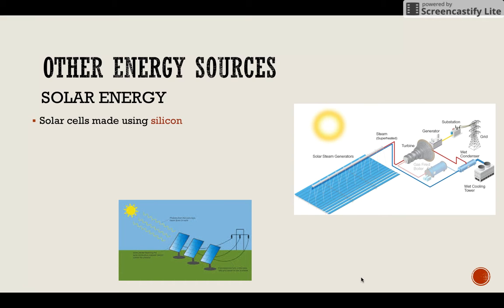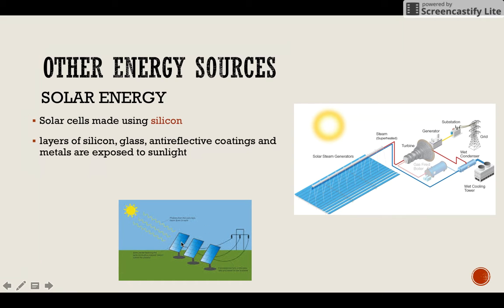So solar cells, these guys right over here, are made using silicon. And it's these layers, so these glass panels here, they have different layers. They've got a layer of silicon, glass, anti-reflective coatings, and metals, all in different layers, and that's exposed to sunlight.